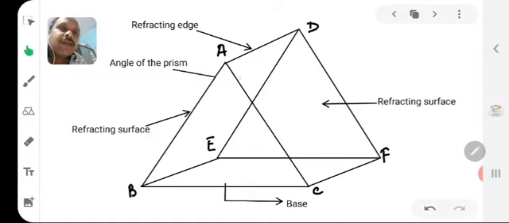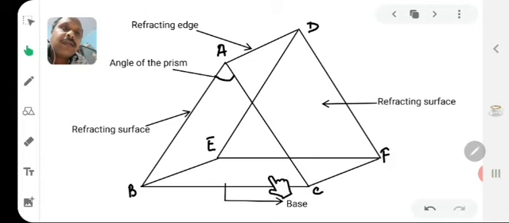Similarly, another refracting surface is A, D, E, B. A, D, E, B is another refracting surface. Angle A, this angle, this is the angle of the prism. This is the refracting edge, and this is the base of the prism.